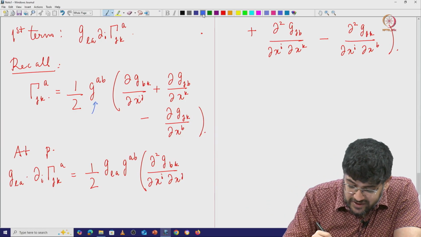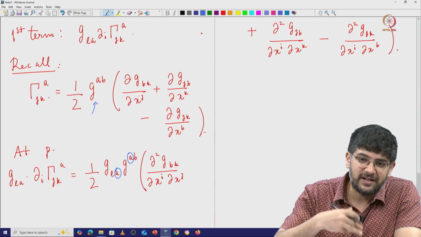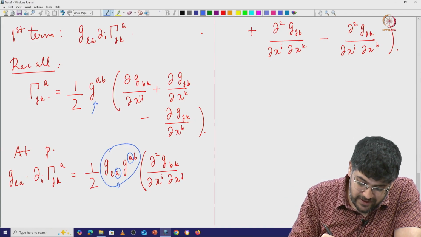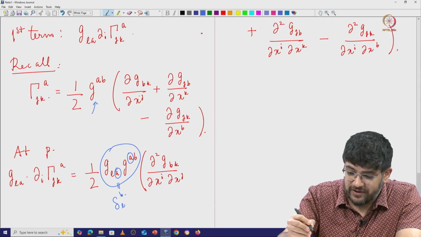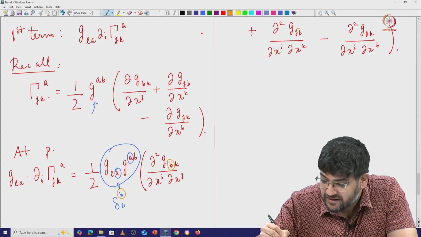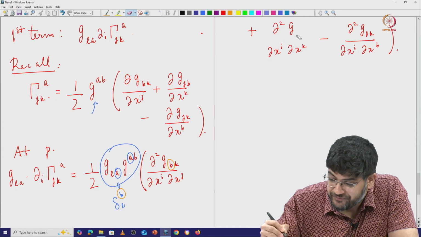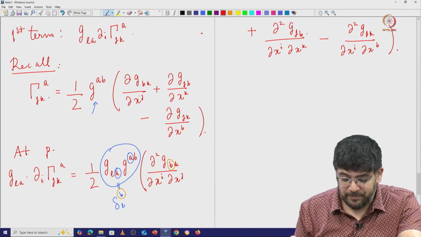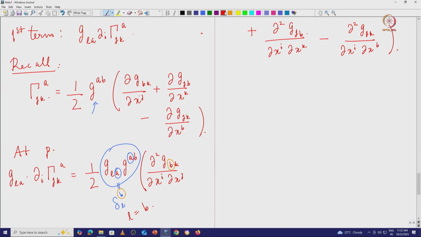Okay, but now here you are summing over a common index A. Because these are inverses of each other, this entire term is actually equal to delta_LB. So when you sum over the index B, which also is repeated here, the only non-zero contribution comes when L is equal to B. So this formula now simplifies.